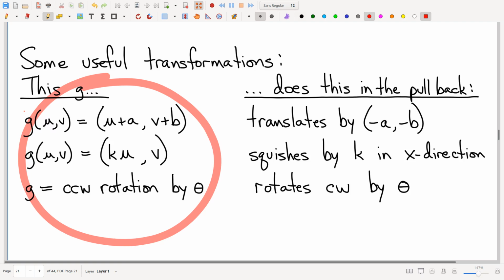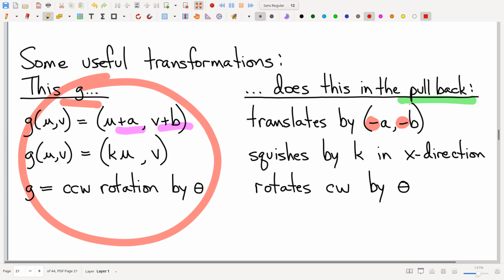Do notice, though, that whatever your g function does, in the pullback, you're kind of undoing that. And so, for example, if you translate by the vector a comma b, pulling back will translate by the negative of a comma b.